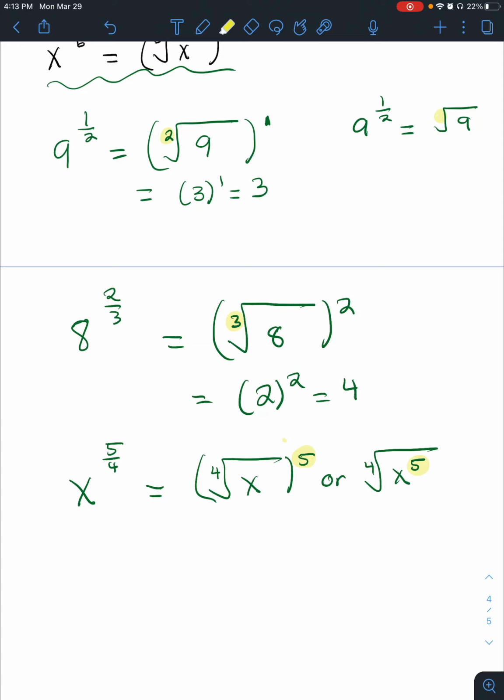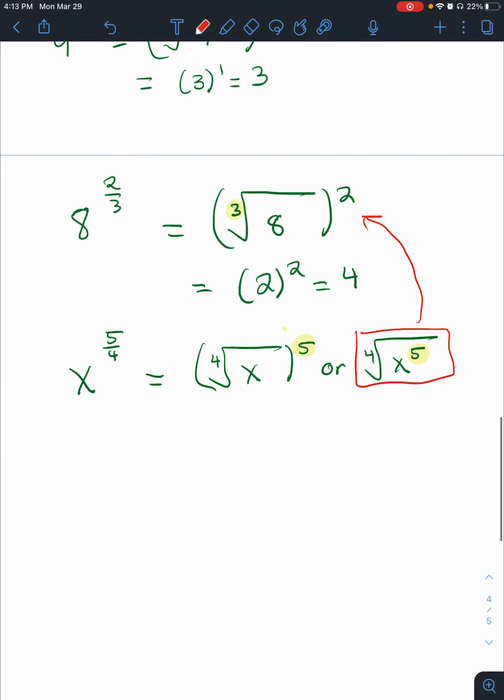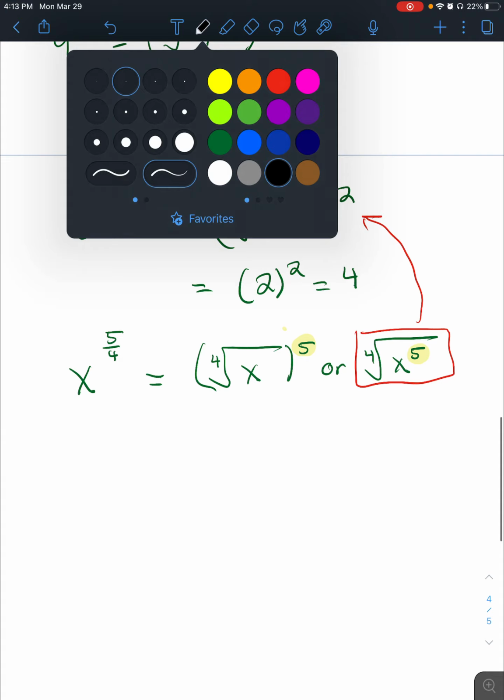The reason why I normally do not use this form over here is because I do not want to have a bigger number inside the radicand, because I just want the math to be simple. I like the cube root of 8 instead of taking the cube root of 64. So those are just some little things to keep in mind. And besides that, you treat all these fractions the same way as you do numbers.